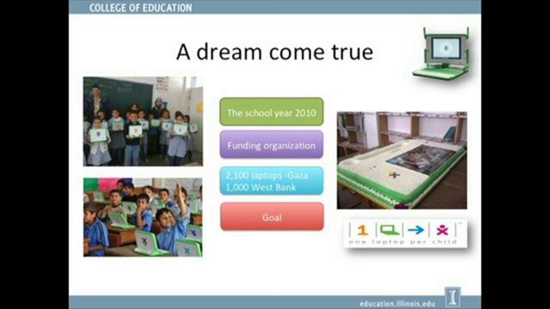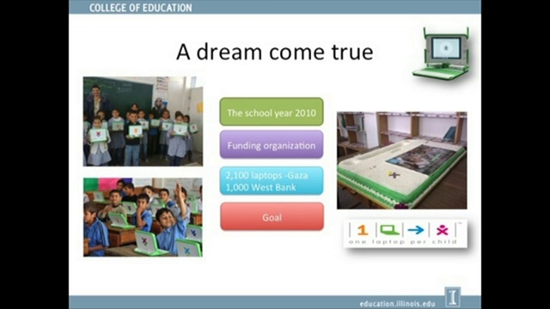So the dream came true, and this program was implemented in the school year 2010, and the funding organization was the United Nations with the help of the Jordanian government and also South Korea. Once the program was implemented, they distributed about 2,100 laptops in the Gaza Strip, especially in the rural areas where there are a lot of poor people.